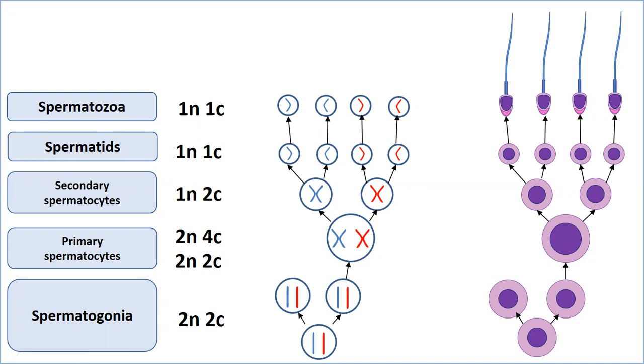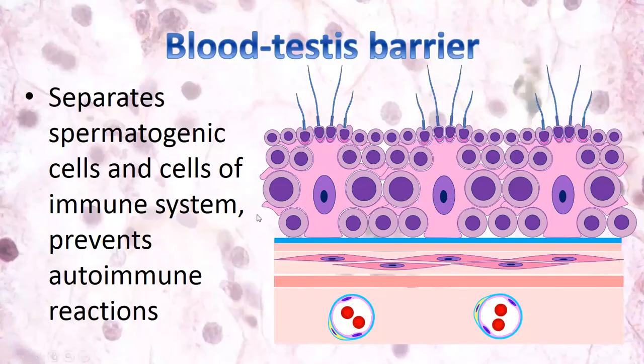And there is a blood-testis barrier. It separates spermatogenic cells and cells of the immune system. And there are basal and adluminal compartments. The basal compartment contains diploid cells, which shouldn't be separated from the immune system. They are located near the basement membrane, and they are diploid and the immune system sees them as own.